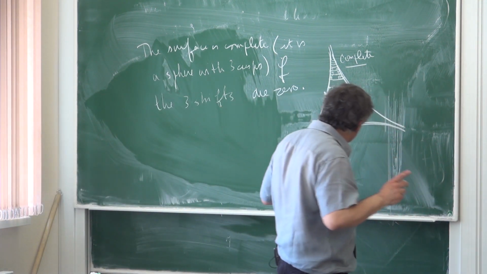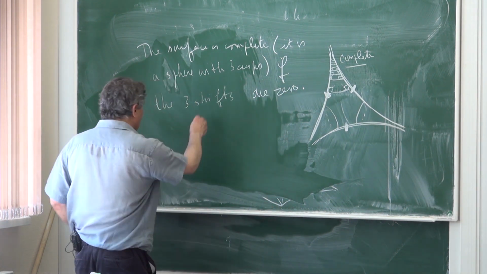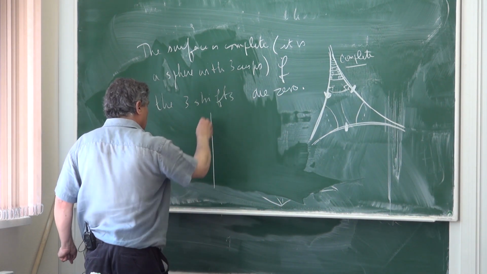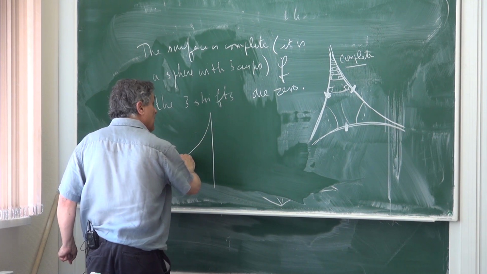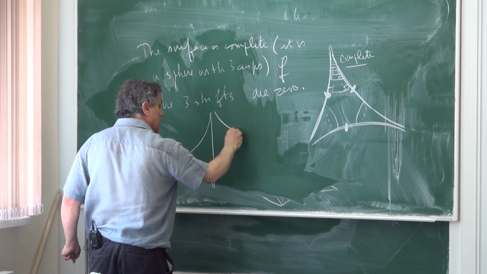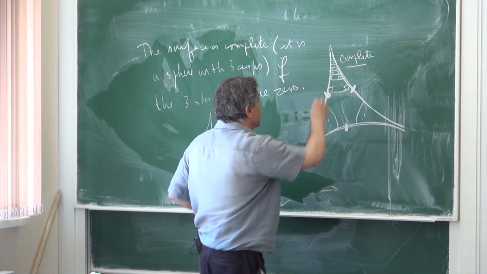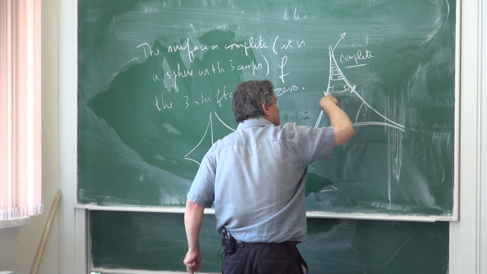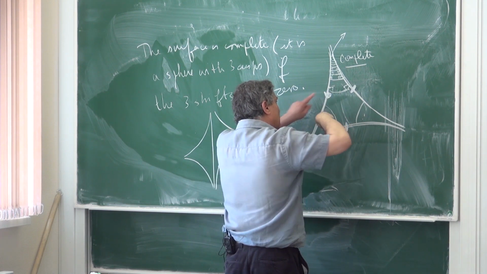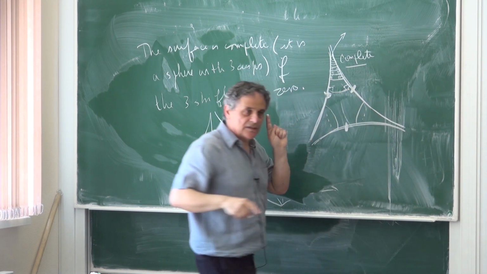You see, if the shift is not zero, what happens? At these punctures I have two shifts, one coming from this triangle and this edge, and one coming from this edge.